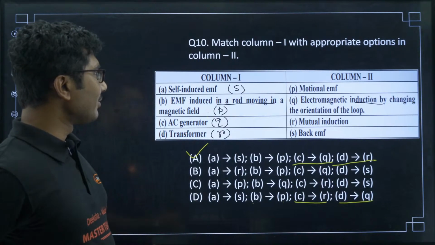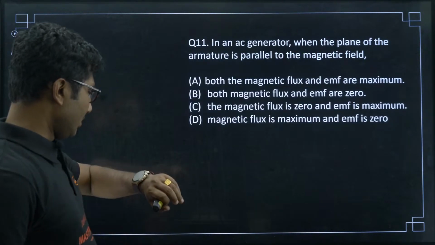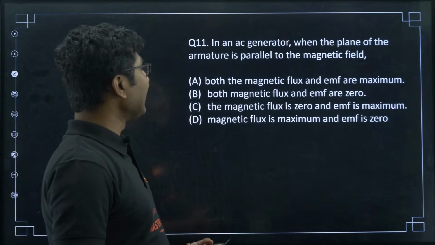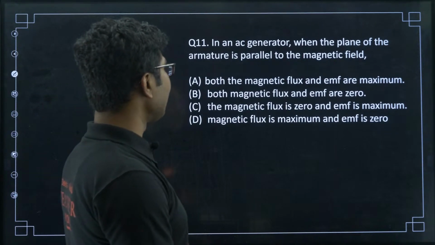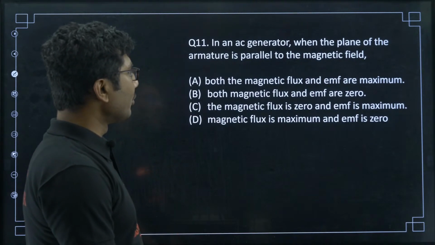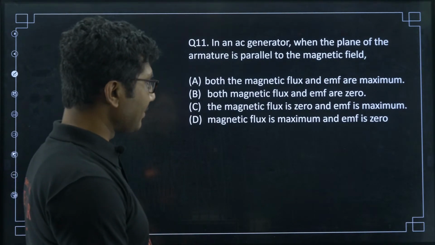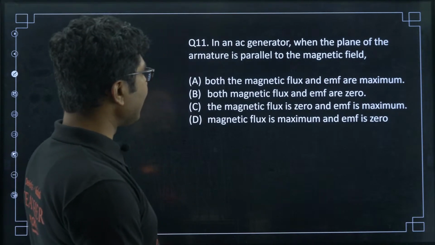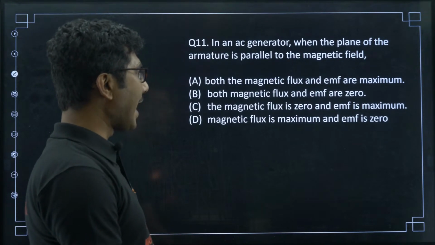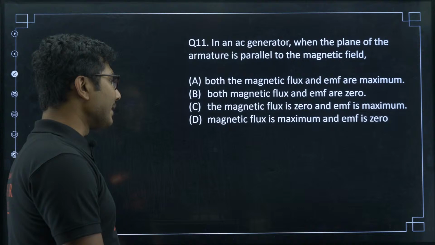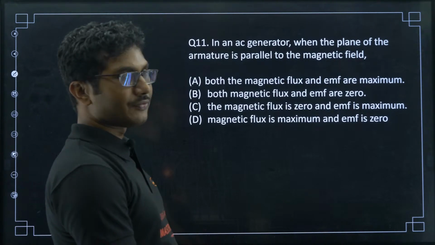Now, let us move on to the next question, okay. In an AC generator, when the plane of the armature is parallel to the magnetic field, both the magnetic flux and EMF are maximum, both magnetic flux and EMF are 0, the magnetic flux is 0 and EMF is maximum, magnetic flux is maximum and EMF is 0.